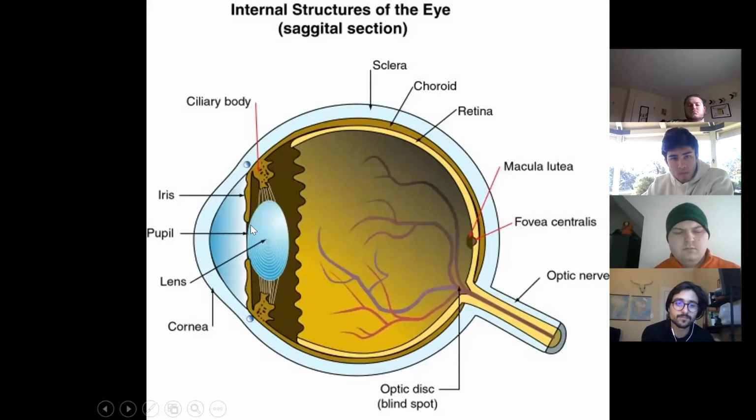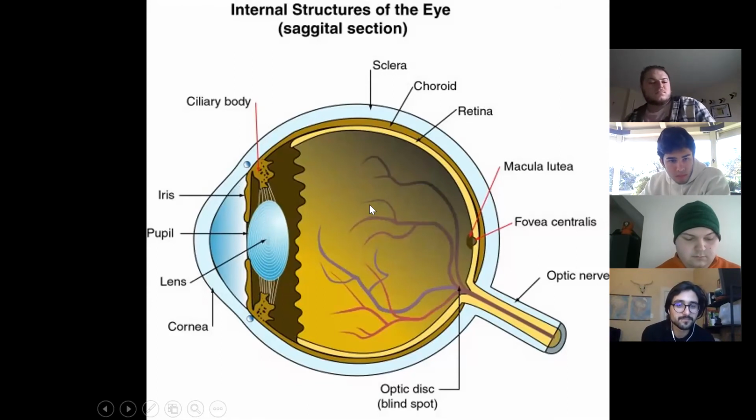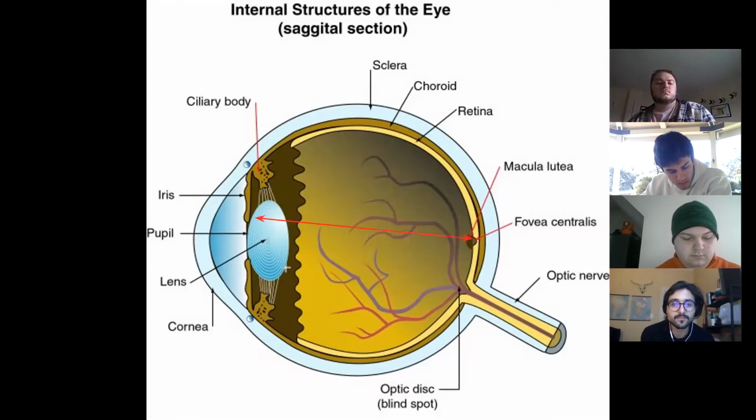Inside you find that there's this gooey piece of material called a lens, and it's roughly shaped in the form of a parabola. And no kidding, that's what helps you focus light. It all comes to a focus point on the back wall of your eye called the retina. The retina is where light is transformed into an electrochemical signal so that your brain can interpret the images you see.